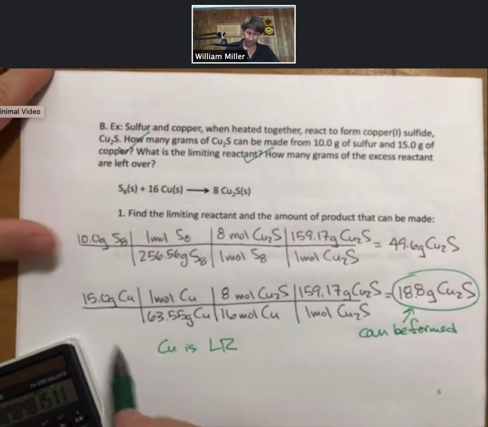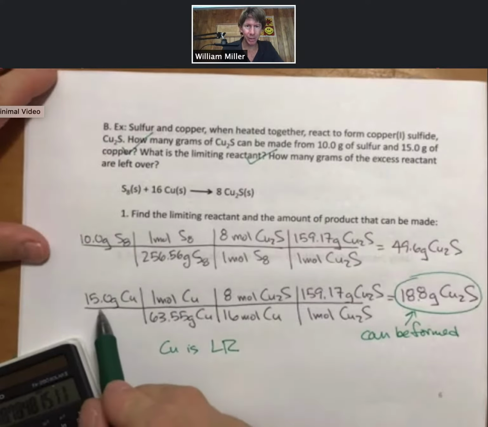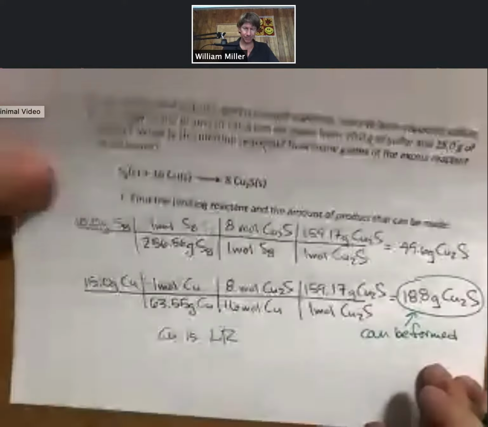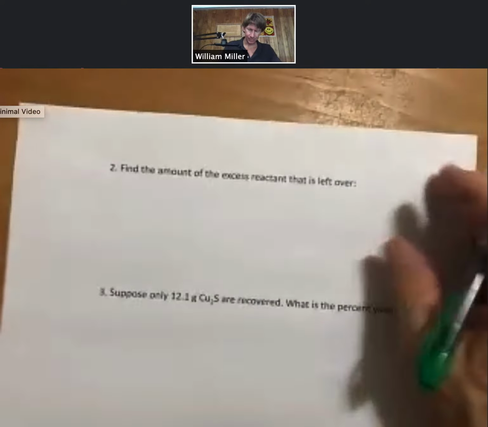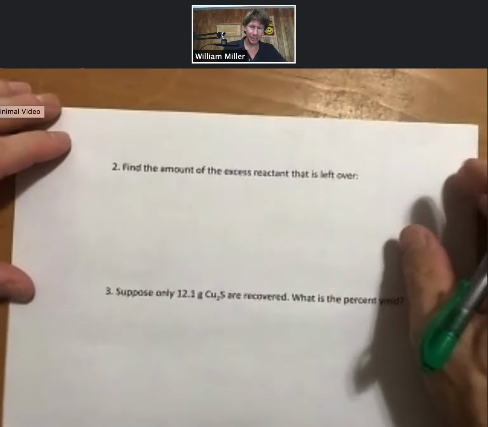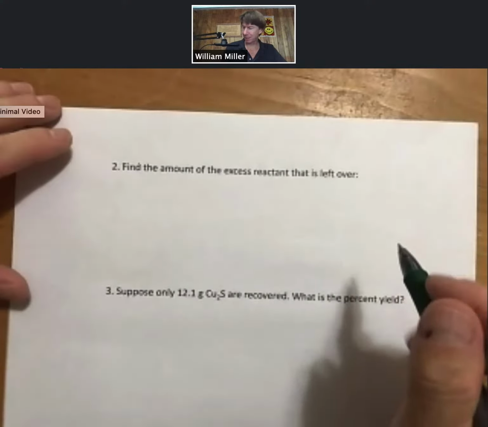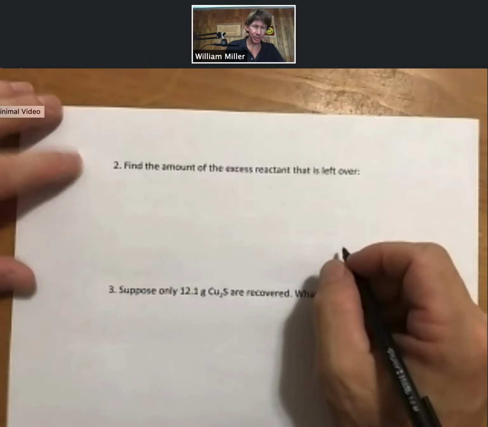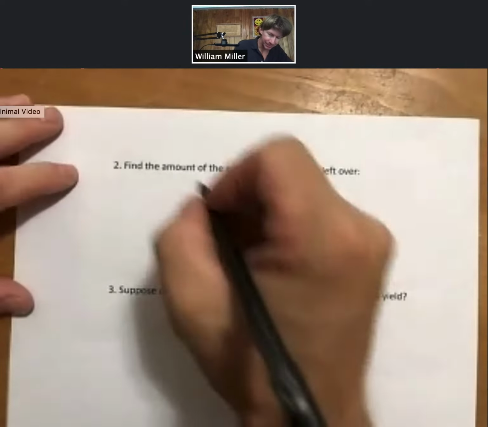Let's see. We can use this 15.0 grams in our stoichiometry on the following page. Find the amount of excess reactant that is left over. That's going to say start with 10.0 grams of sulfur.